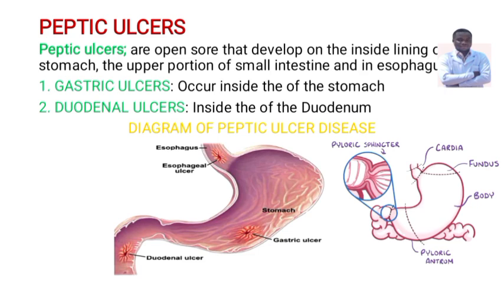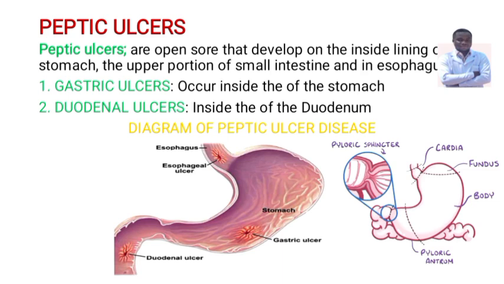The gastric gland has cells which secrete mucus, which is composed of water and glycoprotein. But we also have the fundus and the body.